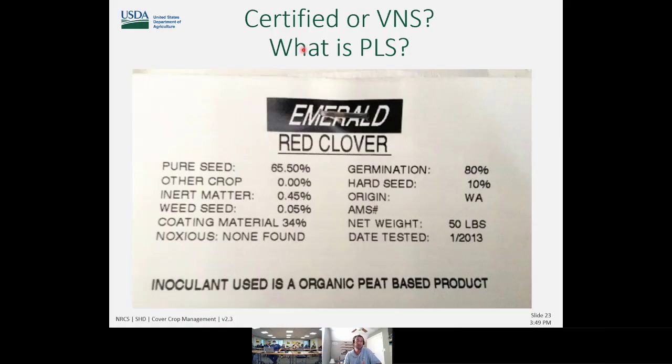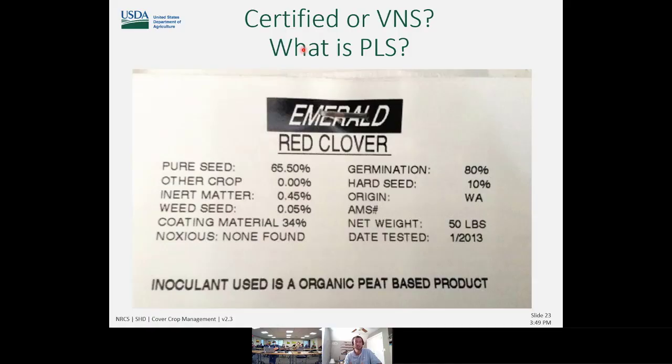But if that producer doesn't care when it flowers, because you could have some that flowers while some is vegetative, while some is already flowered and senesced if it was variety not stated, you could have that different variation. That's when you would use VNS, if that producer is not looking for those specific traits.